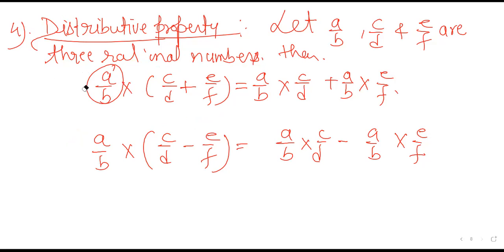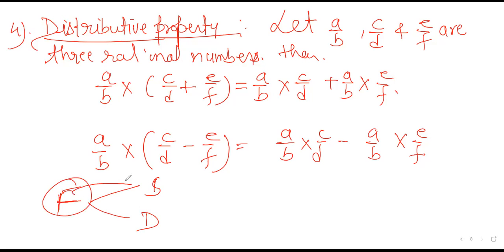Suppose someone asks why it is called distributive property, so you can simply take one general example. Suppose one is a father, and one is a son and one is a daughter. The father is the father of both the son and daughter, so the father is distributed to both.